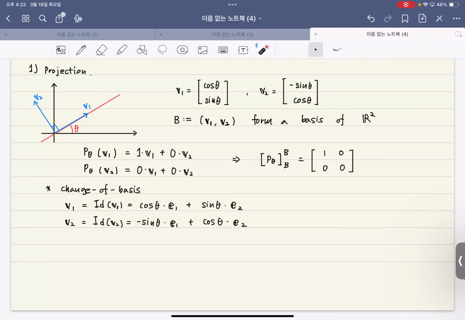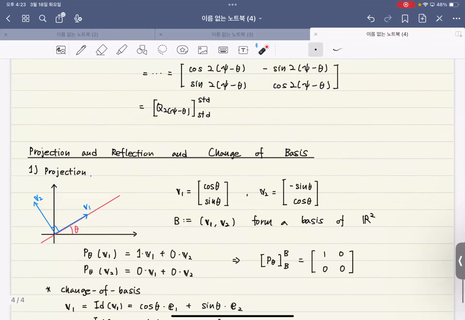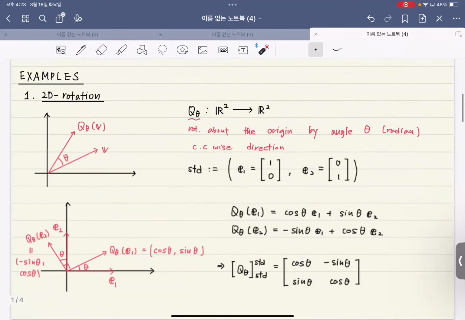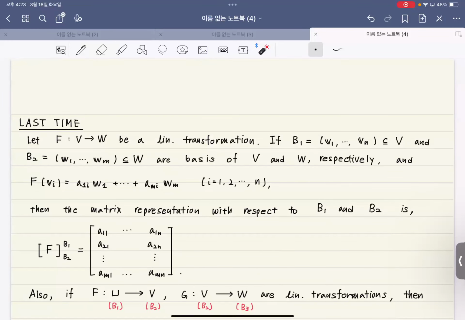Why is that? Because now let's go back all the way to the beginning. If you can write down any basis vector under some linear transformation, and the resulting vector is written in terms of this basis system, then this is your matrix representation.